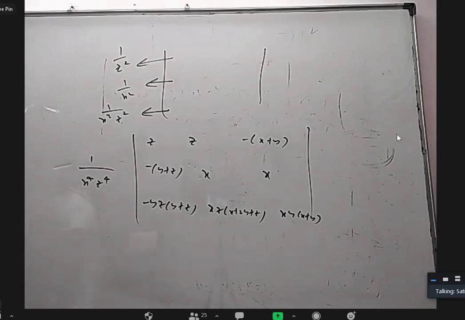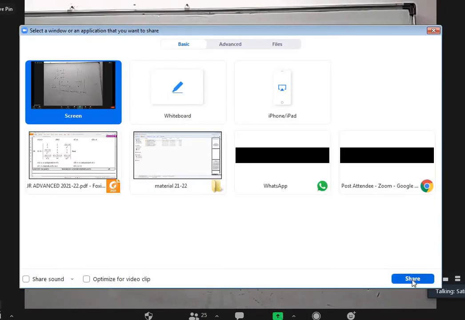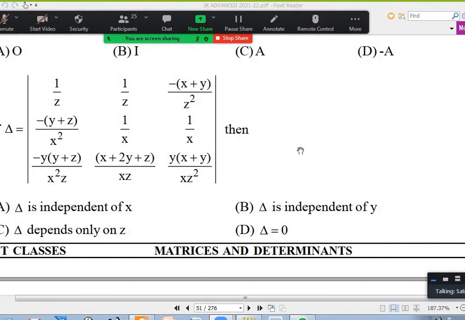Is there any use? Can we do directly some elements? Can we make it into 0? Let me see.